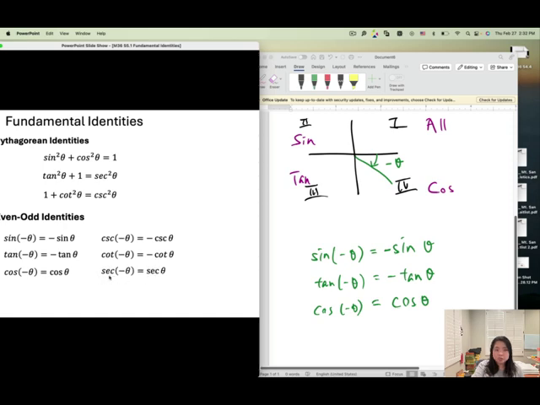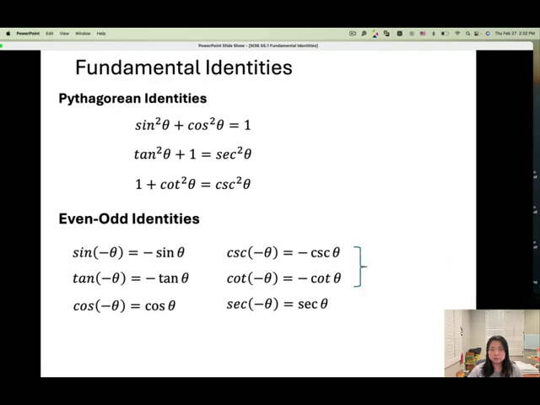Last one, secant is the reciprocal of cosine, so when cosine is positive, secant is also positive. On the top here, this is going to be your odd functions. When you plug in negative theta, you get negative cosecant theta, so that's an odd function. And these two, cosine and secant, are called even functions.